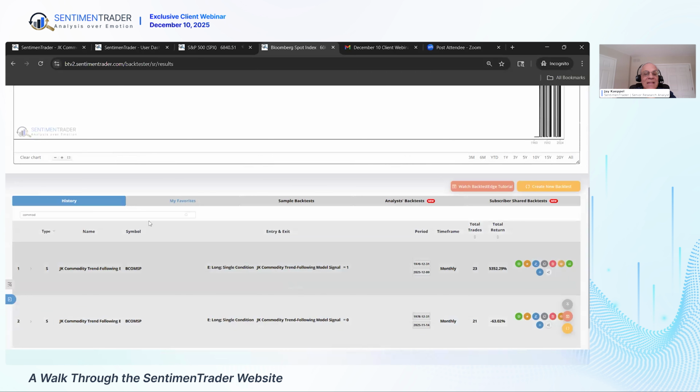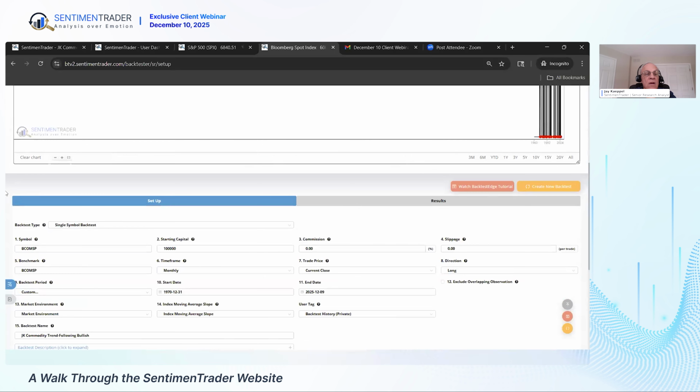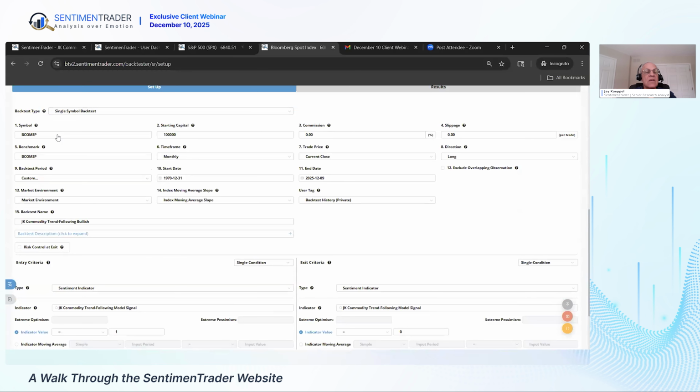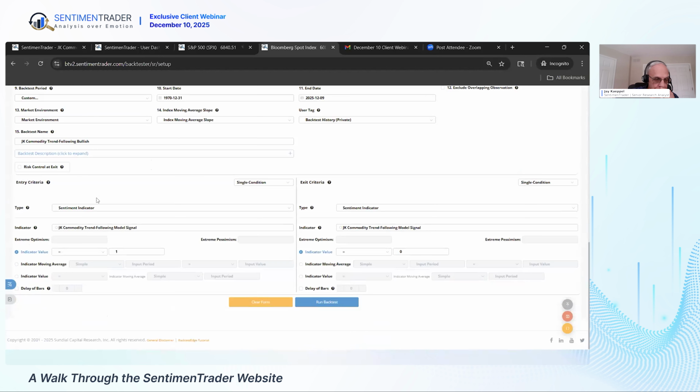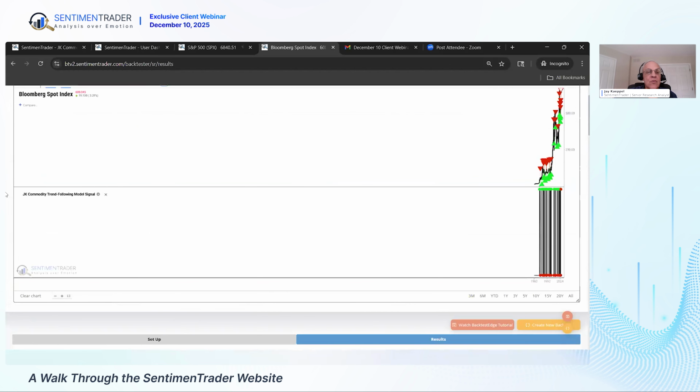Again, let's take a look at the setup to show you exactly what this does. BCOM-SP is the Bloomberg Commodity Spot Price Index, a basket of commodities. And what we see is when the trend following model is 1, we want to be in. And when it's 0, we want to be out. Nothing too tricky about that. What does that do for us?